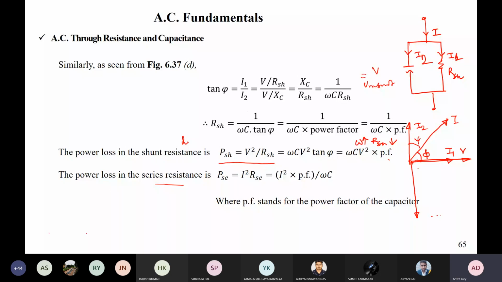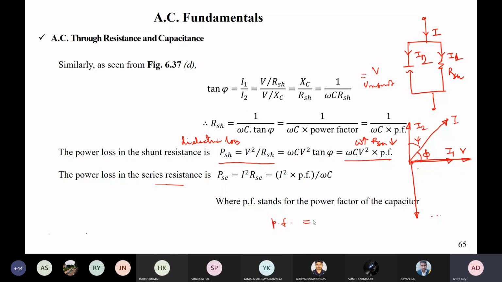Whether we model it by series or shunt, whatever it is, the loss should be the same. So we can see this is omega into C V square into PF, and then this is equal to I square R, which is I square PF divided by omega C, where PF stands for the power factor of the capacitor. So how can you write down the expression of the PF for the capacitor?